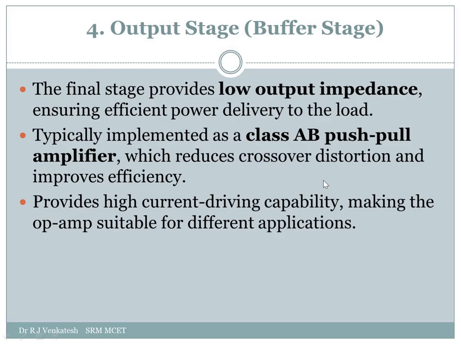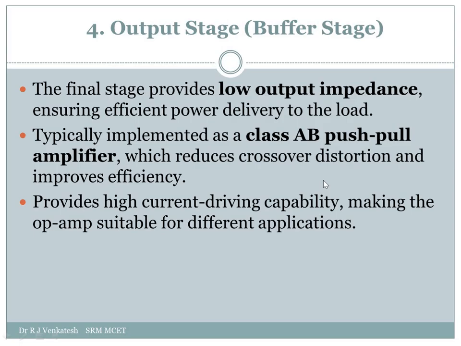It provides high current driving capability, making the op-amp suitable for different applications. So these are the various stages of the operational amplifier. You can amplify the input signal and get an output. In general there are 4 stages, and you get a high gain amplified output at the 4th stage.